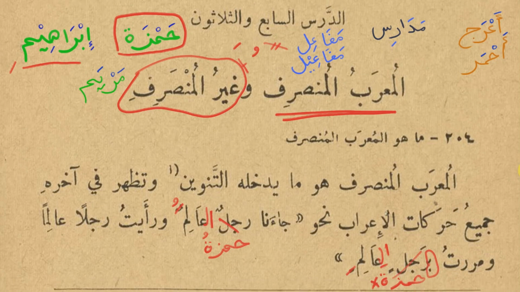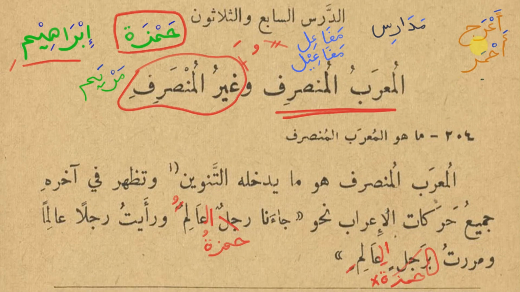Now, where you will see this more often is with the descriptions or adjectives that describe colors or some defects, like limp or red or white. So أعرج, أحمر. Here أعرج means limp, أحمر means red.